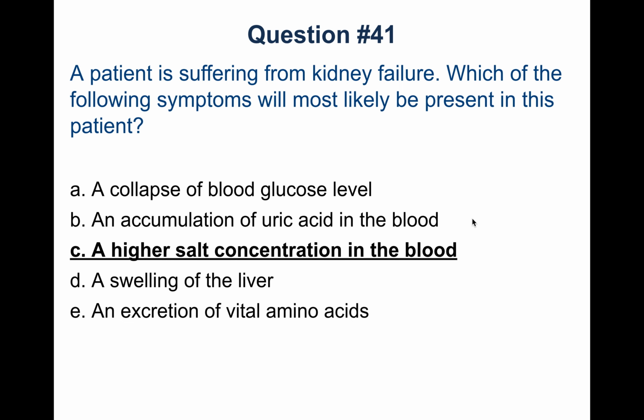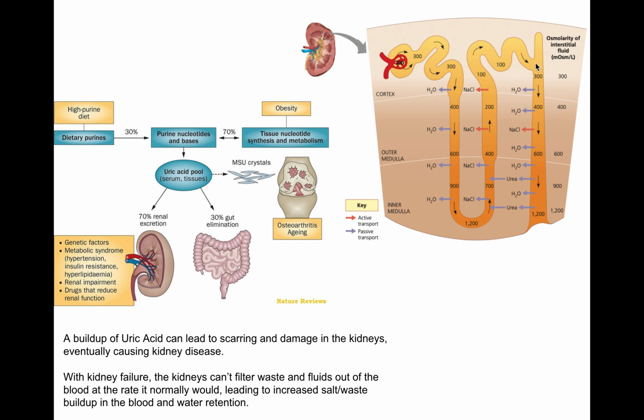So a higher salt concentration in the blood would lead to water retention. Water retention is a big telling sign of kidney issues. Because when your blood is getting filtered in the kidney, in these nephrons and the tubules, you have water being filtered in and out, and you also have salt being filtered in and out.